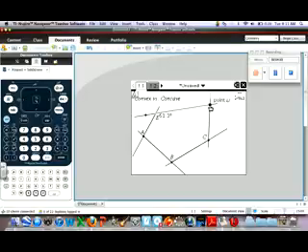So let's go ahead and go to menu and then measure an angle. Okay. So we should then have all of our exterior angles.